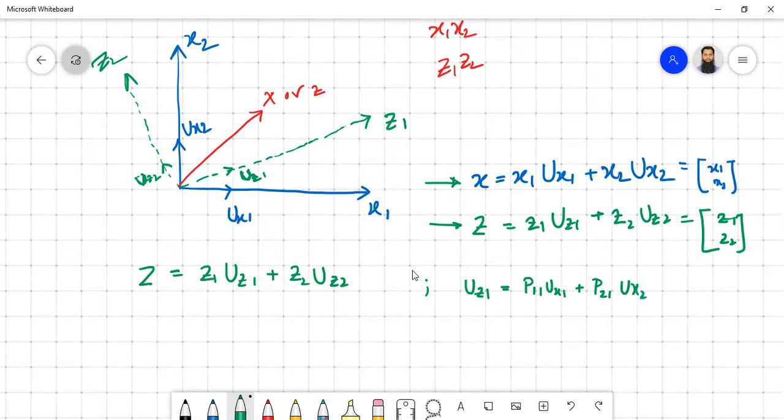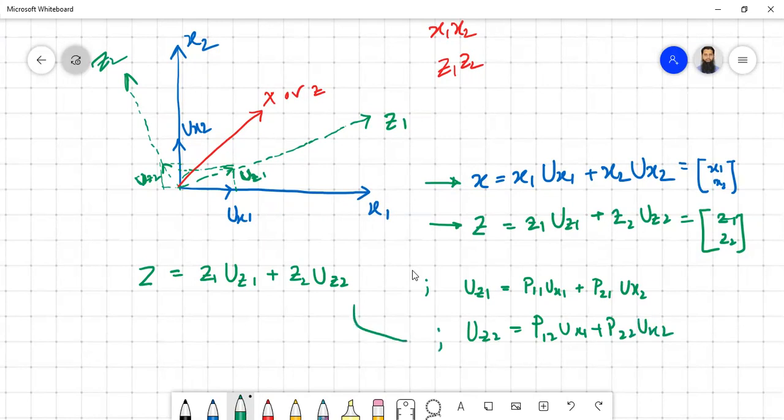So what we are trying to do is, in terms of x1 and x2, we are writing this basis vector. Similarly, in terms of x1 and x2, we write the other basis vector. So similarly, we can write uz2 equal to P12 ux1 plus P22 ux2.